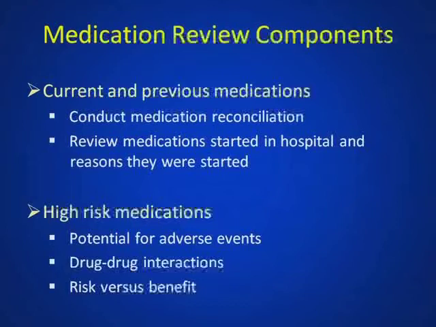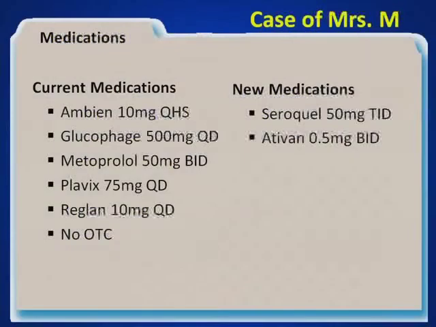That is, medications that have the potential for serious adverse events, medications that have a high risk of contributing to drug-drug interactions, and we need to weigh the risk versus benefit of each of the psychoactive medications that our patients are on.